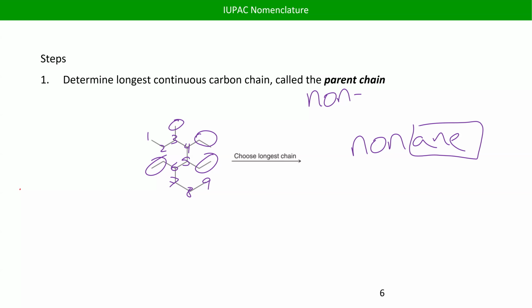So if it's not an alkane, we're going to change the suffix. I'm going to use the English terms, so make sure you can remember prefix versus suffix, right? Suffix goes at the end, prefix goes in the front. So by adding prefixes in front of our parent molecule, we modify it.